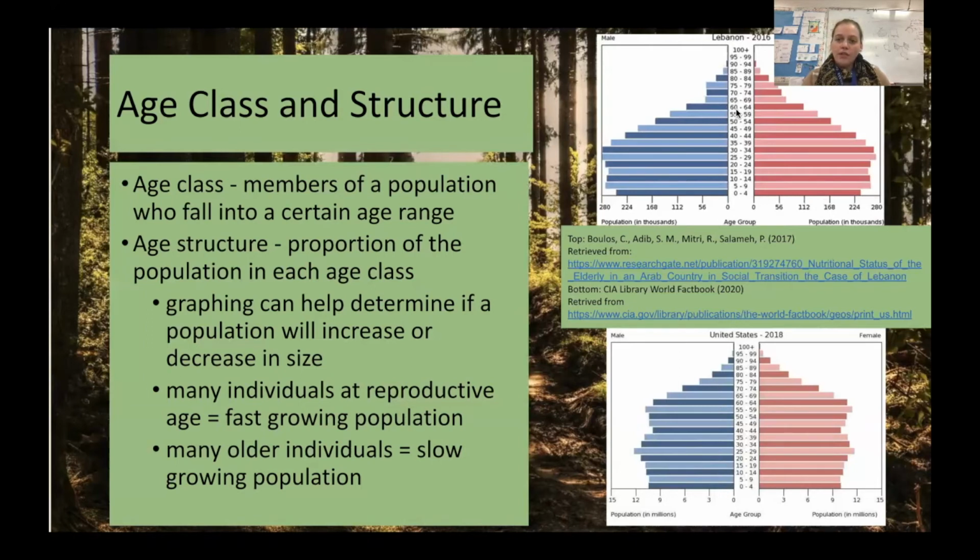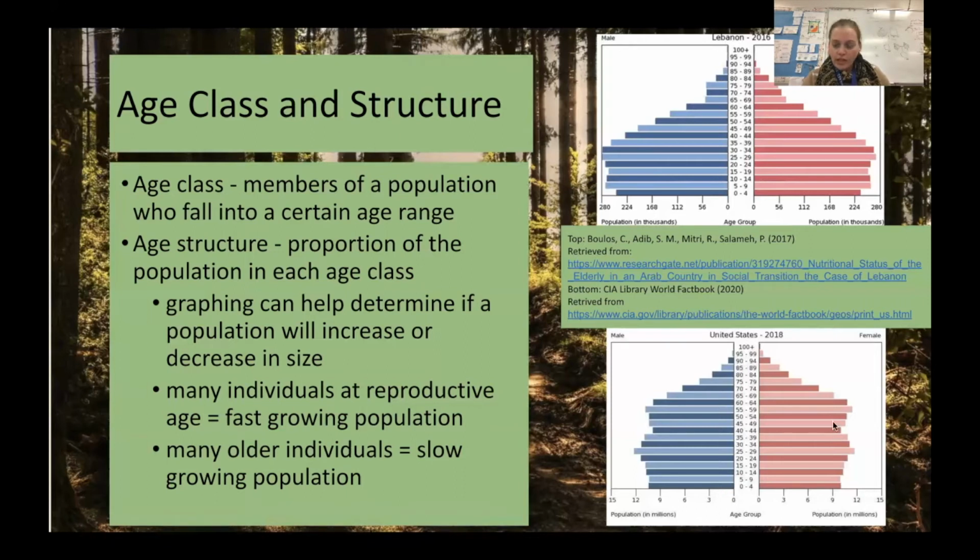That means you have very few people reaching the age where they're going to die, lots of people reaching the age where they're going to reproduce. So when you have this pyramid-like shape, you have an increasing population. Do keep in mind that over 70, you're always going to have this little tapering off because not many people live to be 80 to 100 years old.